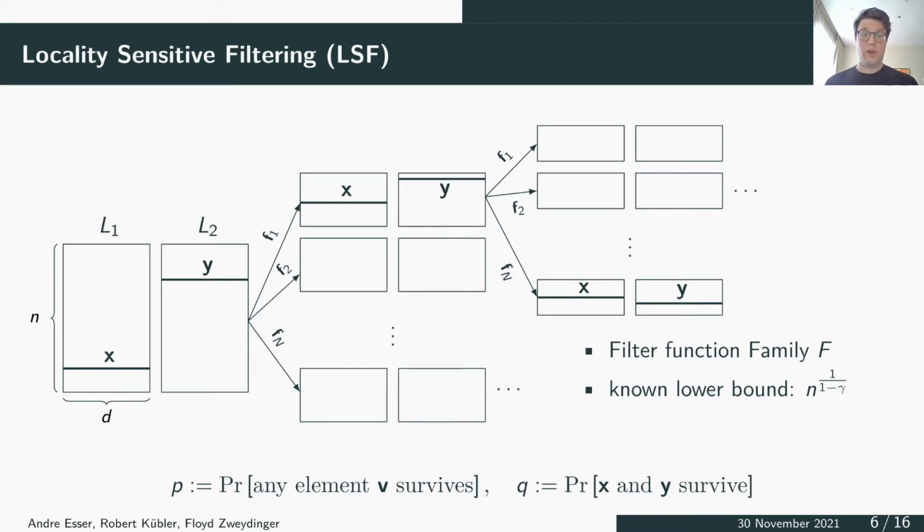And it's actually one of our contributions that we are able to give a framework which allows us to analyze every algorithm, or our algorithm, purely on the two probabilities P and Q.